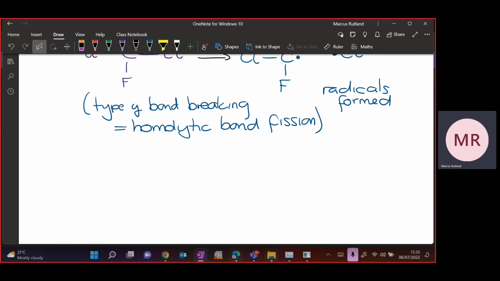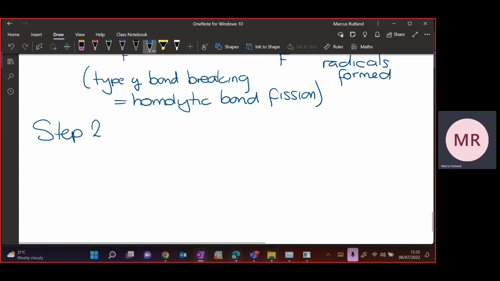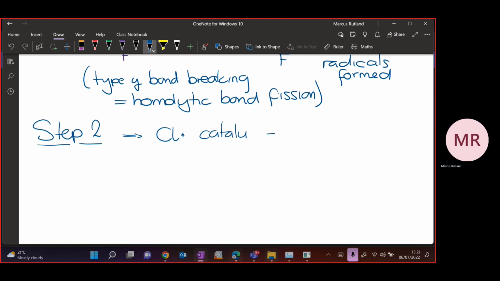Okay, step two comes in two parts in the CFC disaster. So once we've made the chlorine radical, the chlorine radicals catalyze the destruction of ozone.